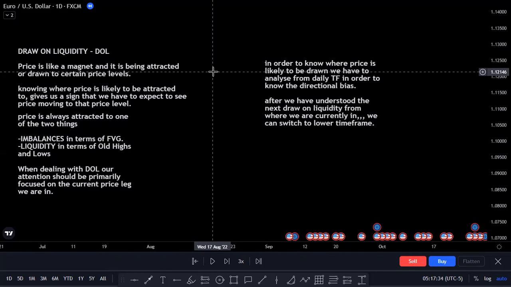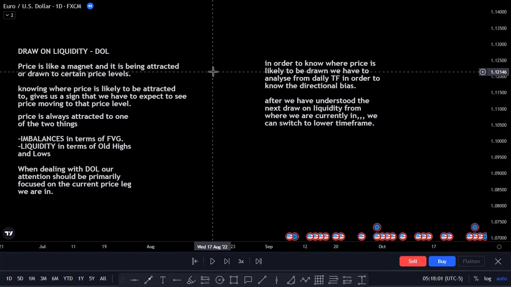Before we understand what draw on liquidity is, you have to know that price is like a magnet, and it is attracted or drawn to a certain price level. When we understand where price is being drawn to, it gives us a sign that we are expecting to see price going up or down, depending on where that price level is.